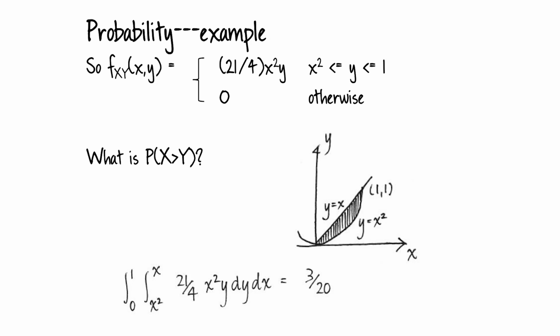And so we set the limits of integration to ensure that we're integrating over this little sliver here. And if we perform that integration, we get 3 over 20. Okay? So here, just to reiterate, y is going from x squared up to x, and then x is going from 0 to 1. And that's where the limits of integration come from.